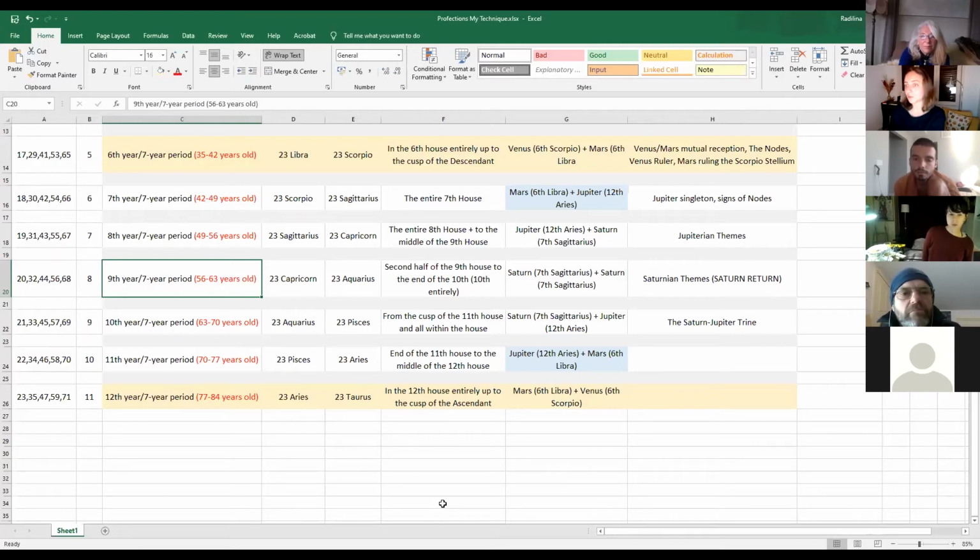My understanding and experience with charts and with clients and with everything I have observed is always that things are very nuanced with the houses. In my case, the 2nd and the 3rd house are very intertwined. Same with the 8th and the 9th house. Well, the 6th stands alone, the 12th stands alone, the 7th stands alone.